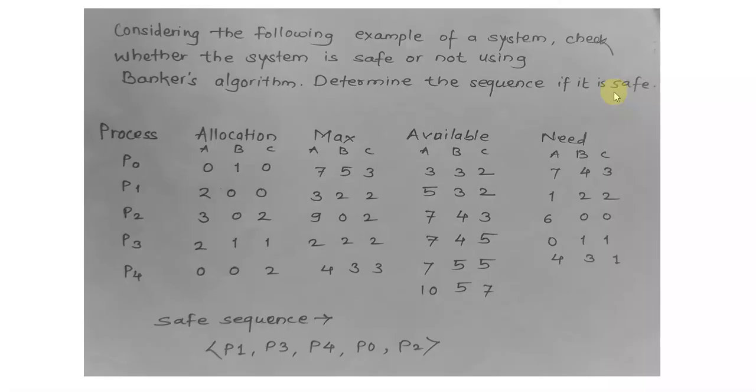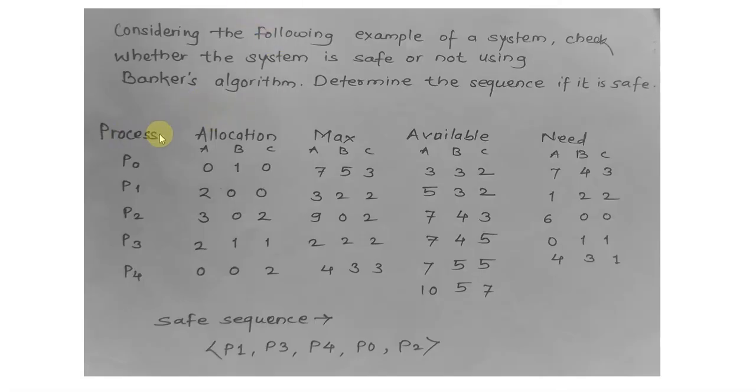Before starting to solve this example, we will see what a safe state is. A safe sequence means all processes can complete execution without causing deadlock. This is a safe state. If the system is in a safe state, we are going to find out the safe sequence.